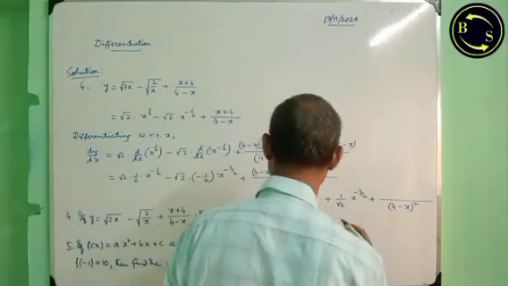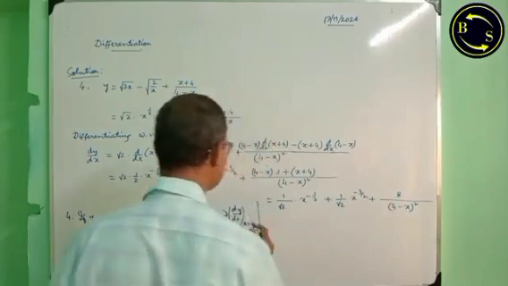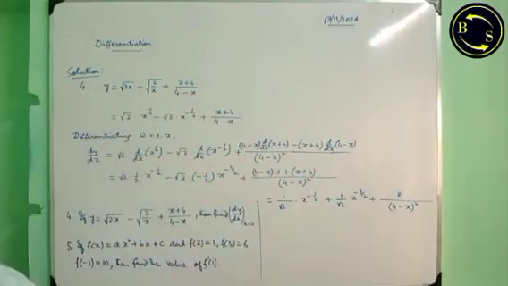X cancelled here, therefore 8. This is dy/dx.